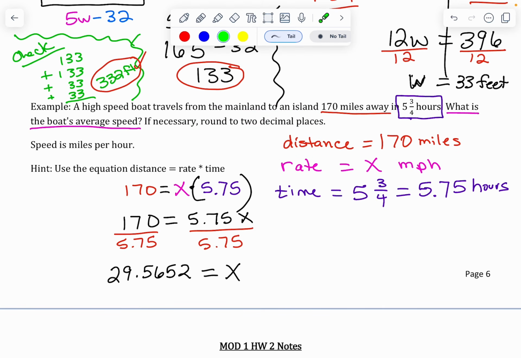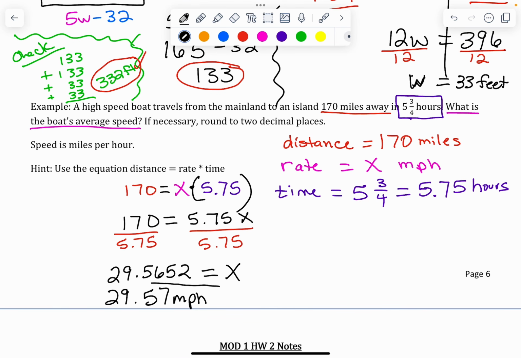So we're going to look at the 6, check out the number beside it. If it's 5 or more, then that 6 is going to become a 7. So we get 29.57 miles per hour, and that is our final answer.